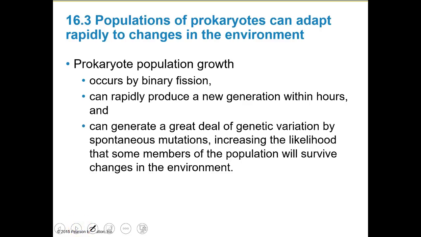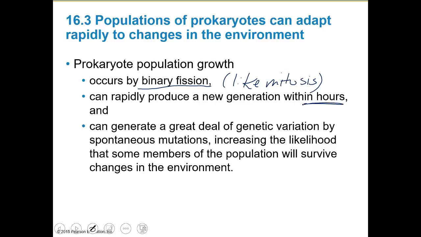So prokaryote population growth occurs by binary fission, which is like a simpler version of mitosis. Just to review. Very simple and not exactly the same, but along the same line. And they can rapidly reproduce or produce new generations within hours.